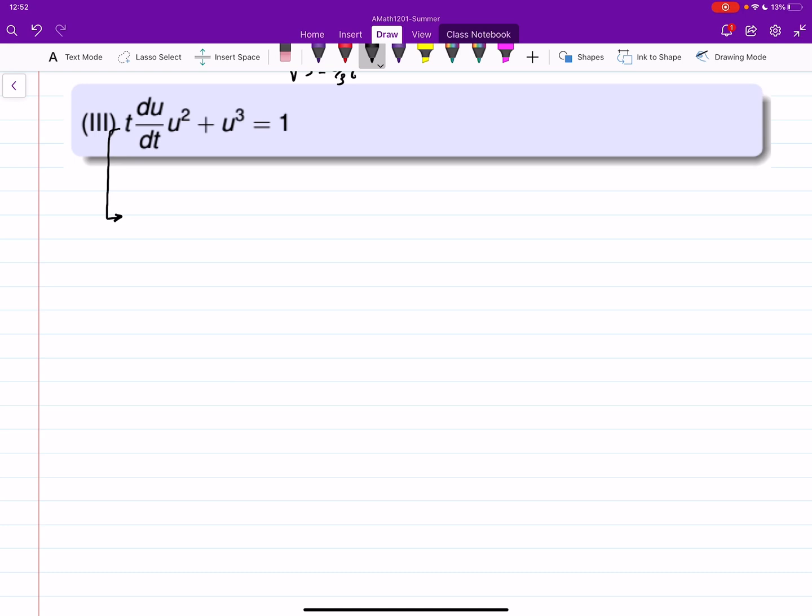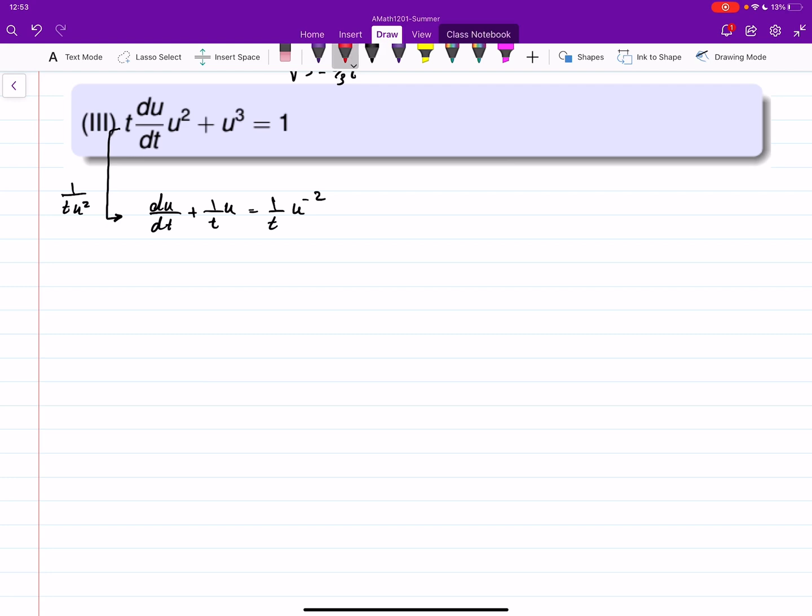If I divide the whole equation by t times u squared, then you'll get du/dt plus u cubed over u squared, that will give me just u, times 1 over t, equals 1 over t times u to the power negative 2.